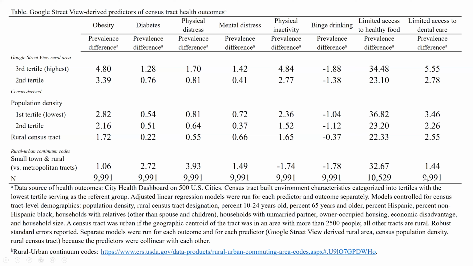But otherwise quite similar. And the Google Street View tertiles were actually giving slightly stronger associations than population density and other indicators of rurality. I think the rural area is picking up other things too, like the actual built environment features rather than just the population count or density.